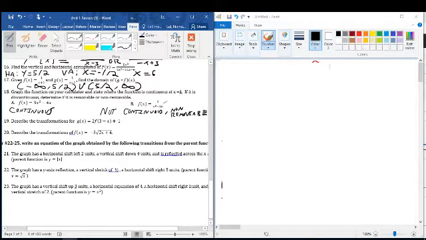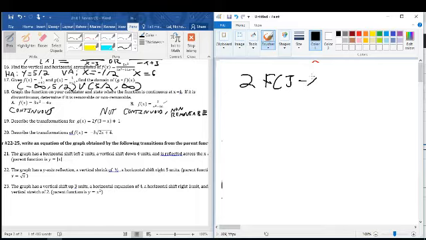So for the transformations here, we're going to have 2 times f of 3 minus x plus 1.